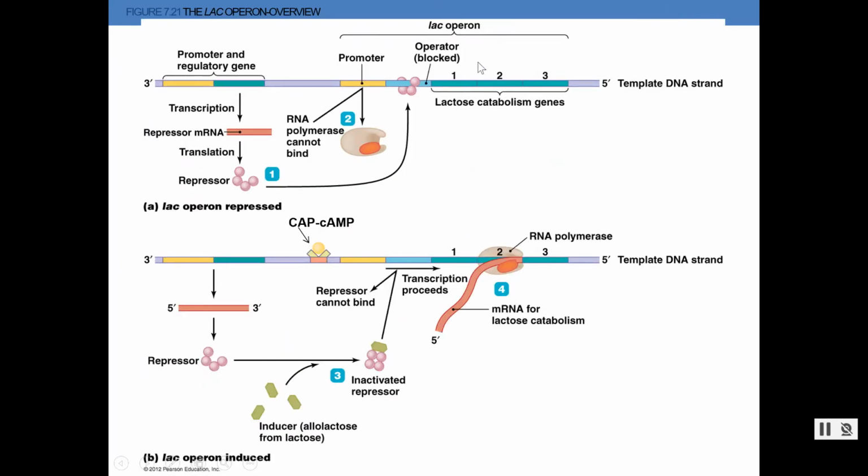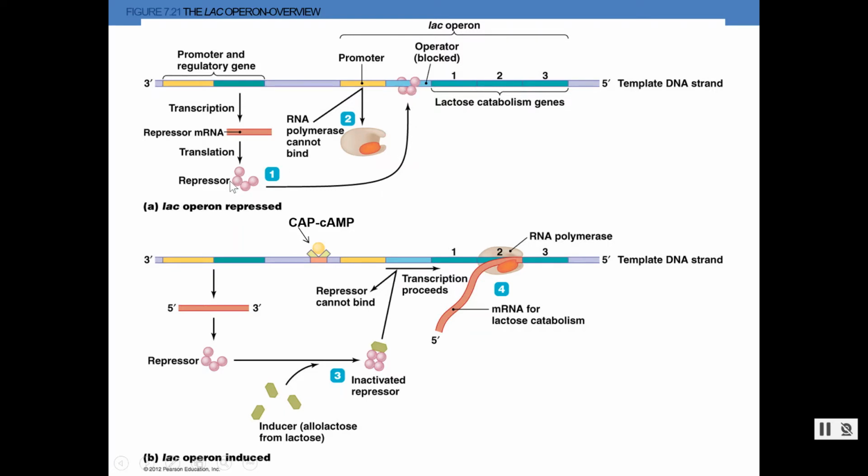So in this case, a prokaryotic cell has the lactose catabolism genes in an operon structure. They're blocked by a repressor. So here's my regulatory gene. Again, I always have a regulatory gene that's always transcribed and translated in an operon, and it makes a repressor protein. And this time, this repressor protein fits in this operator region.